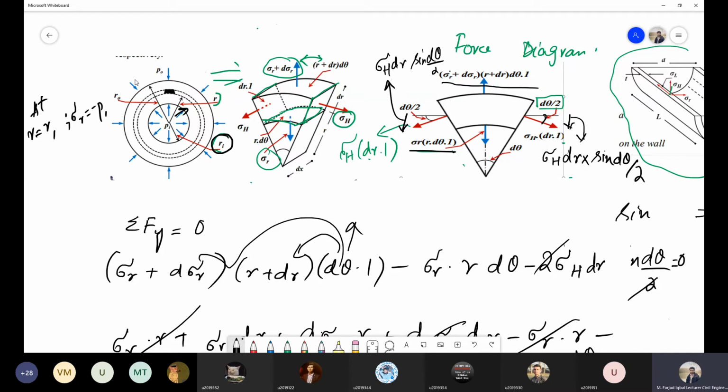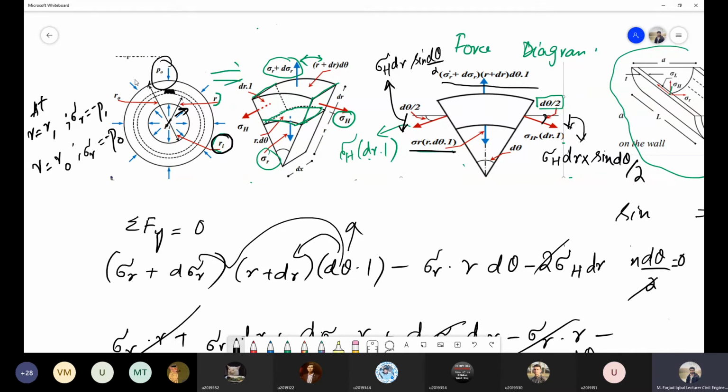So obviously the radial stress is the negative of this internal pressure. And then I can also write another boundary condition that at a radius of r is equal to r naught, we have again the radial stress that is equal to minus p naught, or opposite of this external pressure.